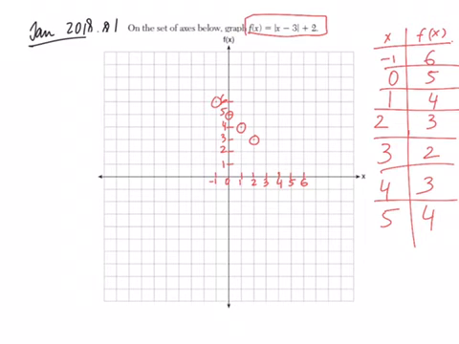At 3 it's 2. At 4 it's back to 3. And then at 5 it's 4. So let's draw the line. So this is the graph.